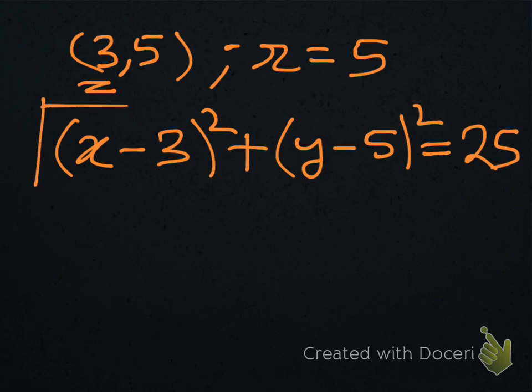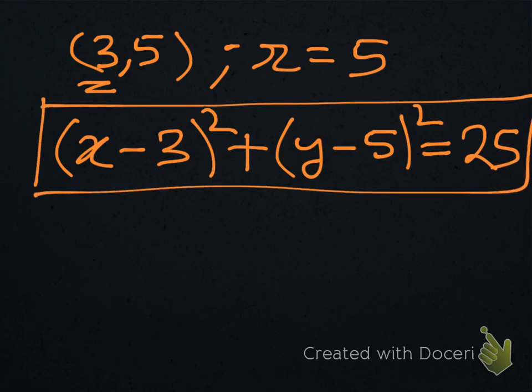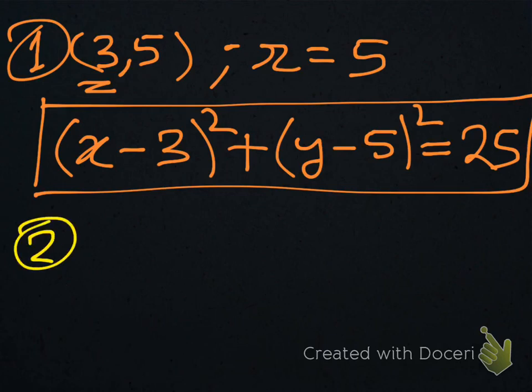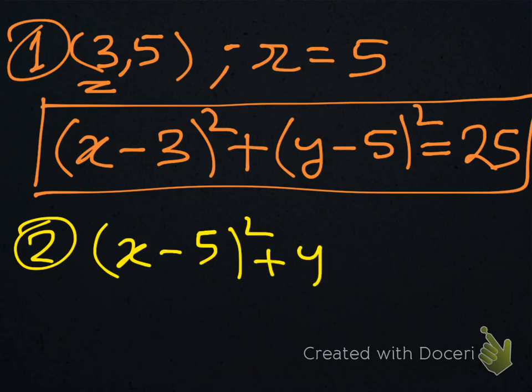All right, now let us consider one more question. Here suppose we are given the equation as this. What is the coordinate of the center of the circle and what is the radius?